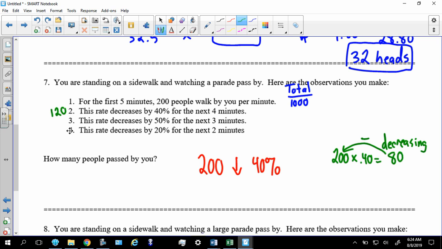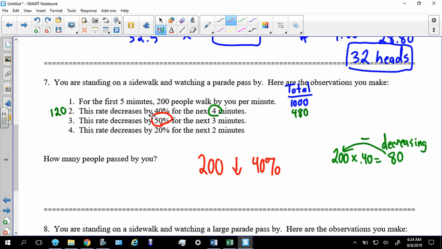Okay? Now 120 people are walking by you for the next 4 minutes of your life. So 120 times 4 gives you a total of 480. All right? Now, looking at your third phase, it says this rate decreases by 50%.